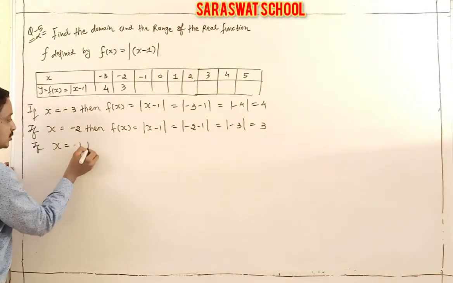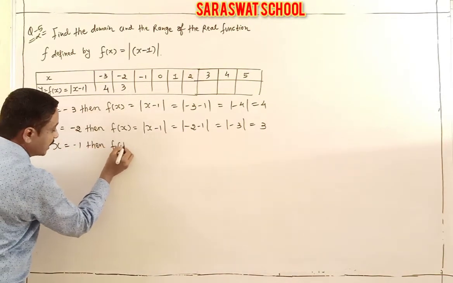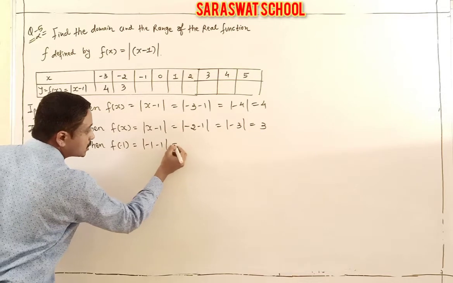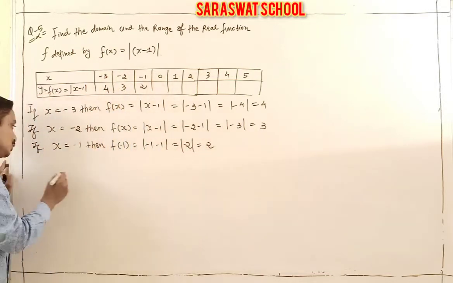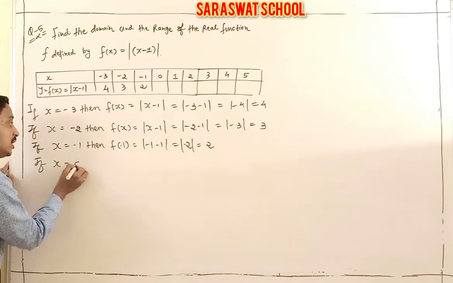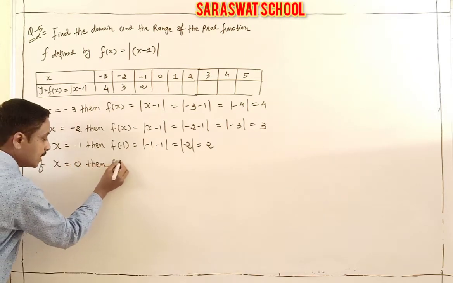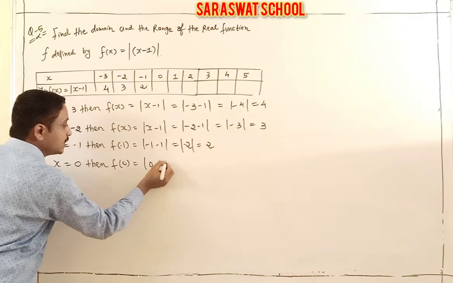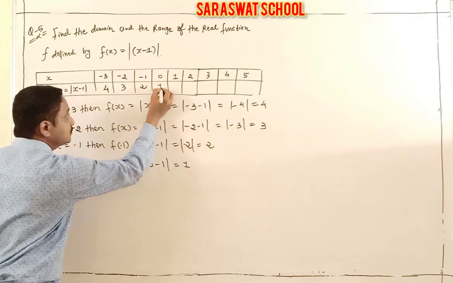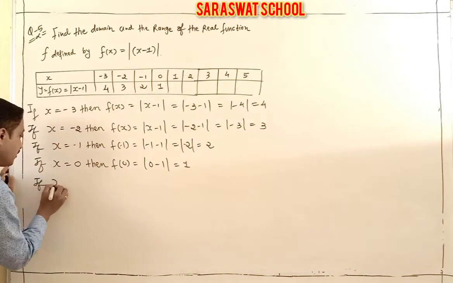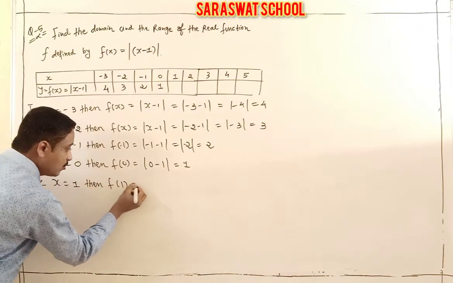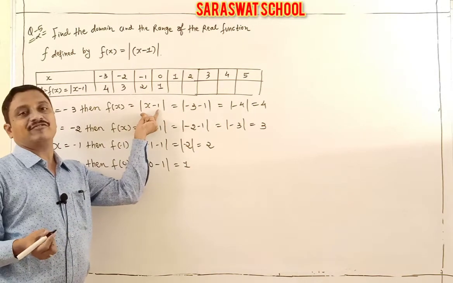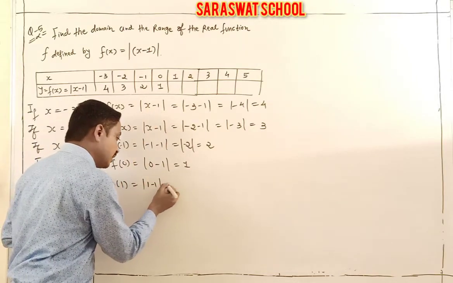If x is equal to minus 1, then f of minus 1 is minus 1 minus 1, minus 2, answer is 2. If x is equal to 0, then 0 minus 1, it is 1. Continue. If x is equal to 1, then what is f(1) now? Applying f(x), x is 1, so 1 minus 1 is 0.